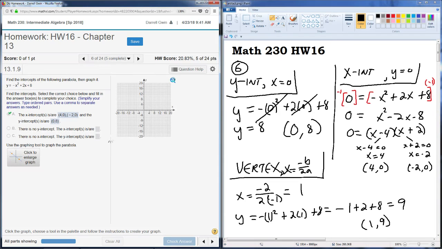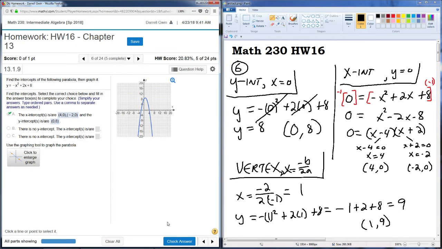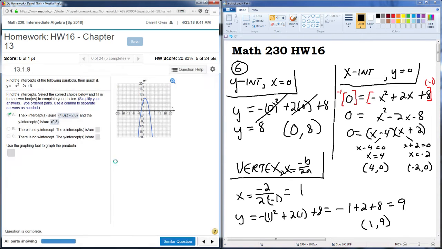So let's click on the parabola tool, put the vertex at 1 to the right, 9 up, and the second point will be (4, 0). So, wait. Uh-oh. Did I do something wrong? Let's do (4, 0). 4 to the right, 0. Yeah, that's right. Looks good. Save. Check. Good job.